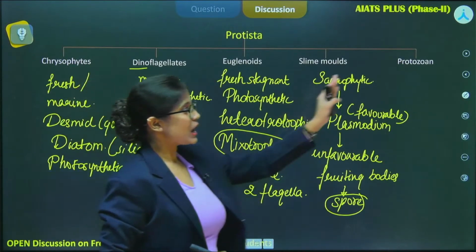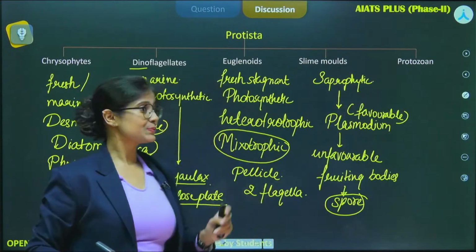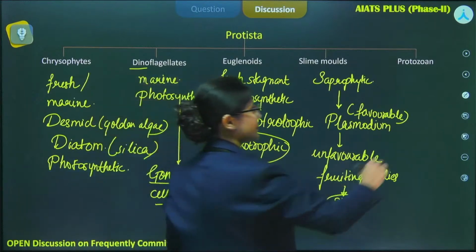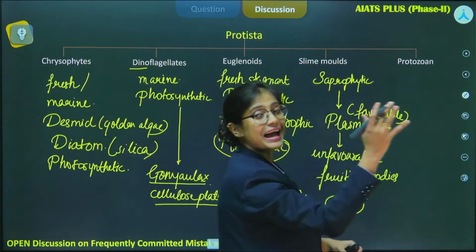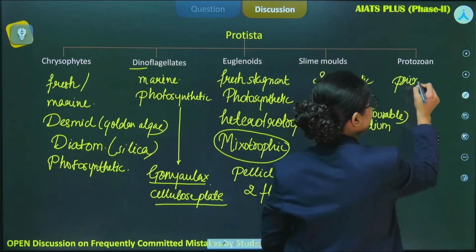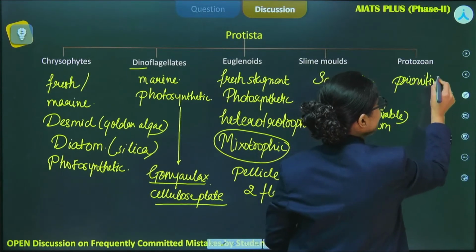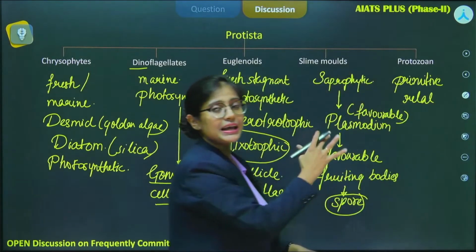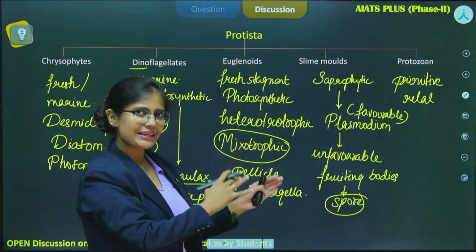Okay. Now, if we talk about protozoans, they are basically the primitive relatives of animals and they show a completely heterotrophic mode of nutrition. Slime molds are a connecting link between plants, fungi and animals.